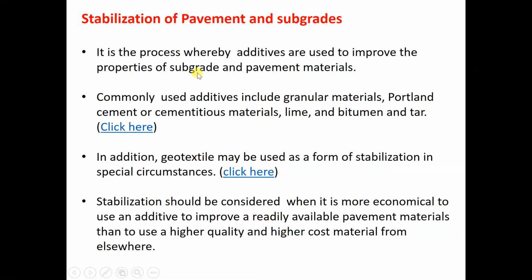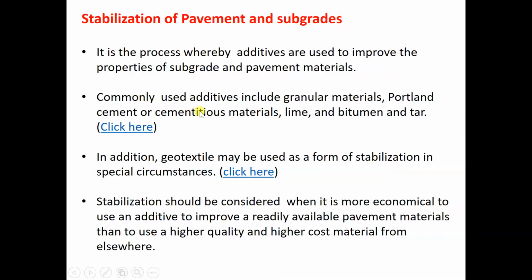The subgrade is the formation level, the soil that has been prepared to receive the pavement materials, and pavement materials is the sub-base as well as the base course, and on top of the sub-base and the base course will be the surface course, which comprises the wearing course and the binder course. Okay, so we're going to look at the different additives that can be added to the pavement or the subgrades.